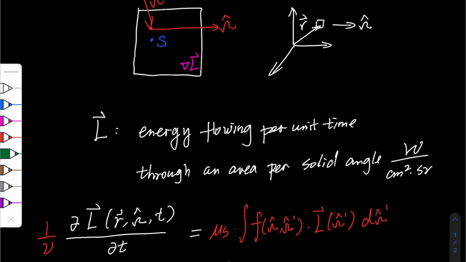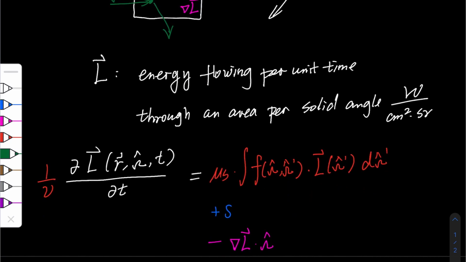The fourth one is when the photon comes into the tissue at the direction of omega hat, but it is being scattered to some other directions. That will cause a loss of energy, so we have a negative sign here.